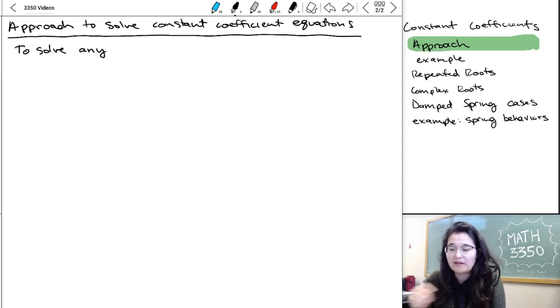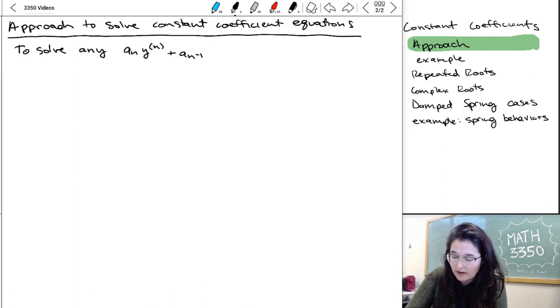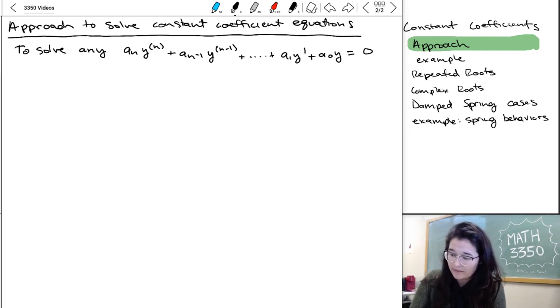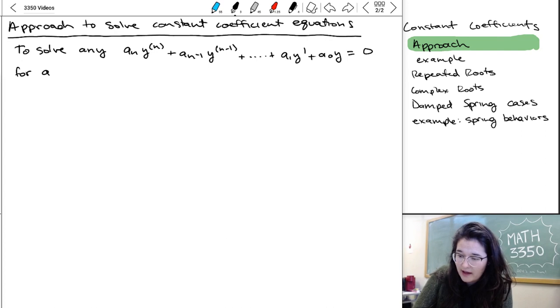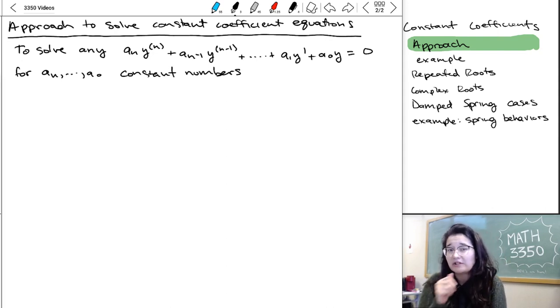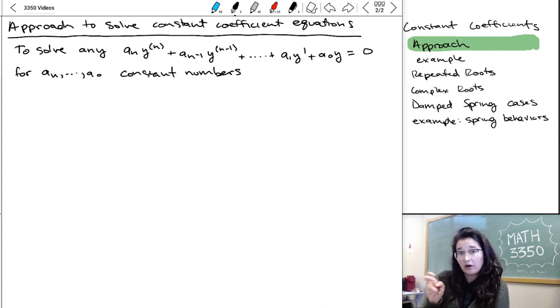We're going to be learning the steps to solve any a_n y^(n) plus a_(n-1) y^(n-1), all the way down through a_1 y' plus a_0 y, all of that equal to 0. So it's a homogeneous problem. And we're going to require that a_n through a_0 are constant numbers. That's why it's called the constant coefficient equation, because the a's are the coefficients.